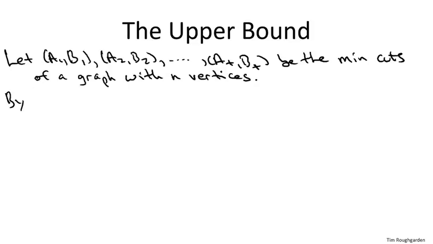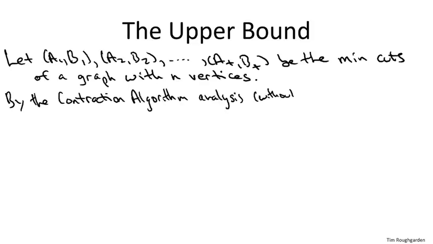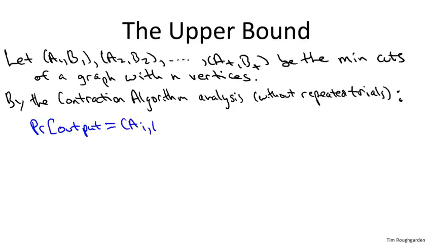And what we proved in the analysis is that the probability that the algorithm outputs the cut (Ai, Bi), not just any old min cut, but in fact this exact cut, is bounded below by, in the end we made a sloppy inequality. We said it's at least 1 over n squared, but if you go back to the analysis, you'll see that it was in fact 2 over n times (n-1), also known as 1 over n choose 2.